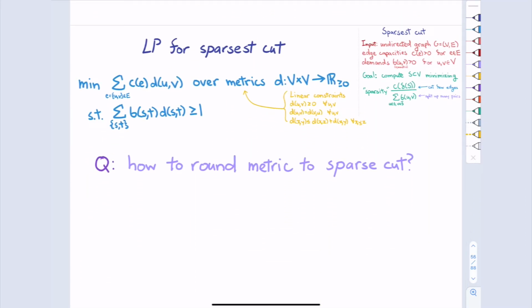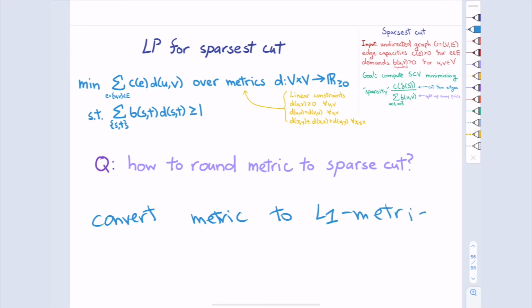So we come back to this question: how can I take a generic LP or a generic metric and round it to a cut? We now at least have one somewhat weird approach, which is to somehow convert the metric to an L1 metric. You're given a completely abstract generic metric only satisfying the triangle inequality and other basic properties.